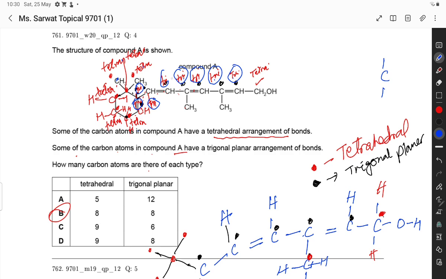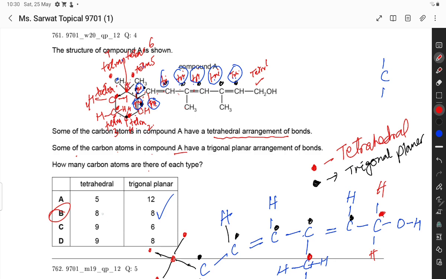One, two, three, 4, 5, 6, 7, 8 tetra, 8, and this is tri 8, and tetra 1, 2, 3, 4, 5, 6, 7, 8.